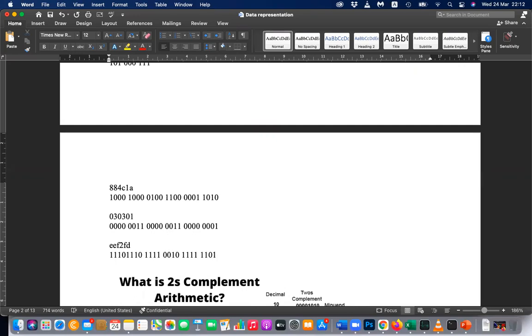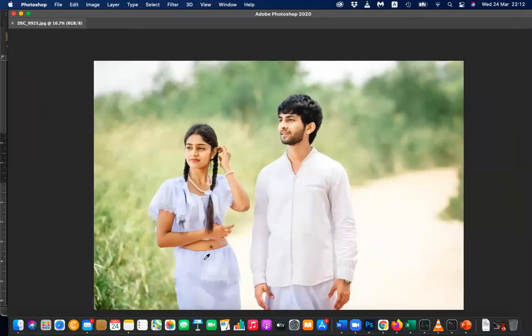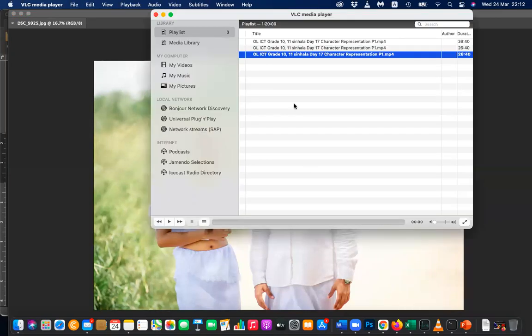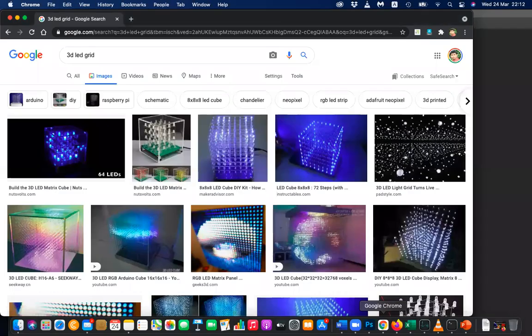So this is how the pixels are created. And using these pixels, an image is created. Using the images, videos are created. So if you play a video, let's play a video here. Let's go to YouTube.